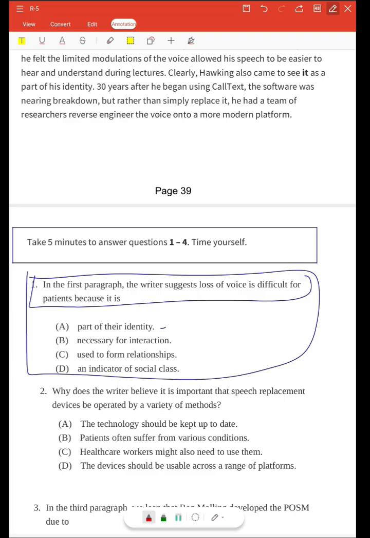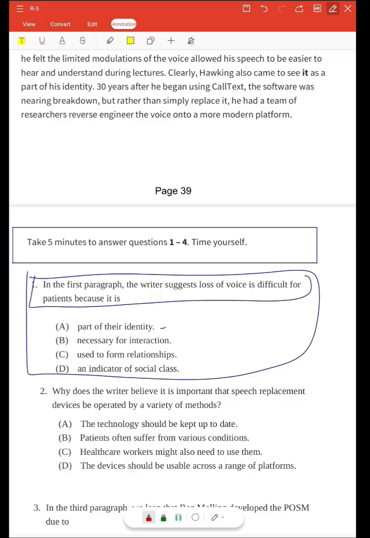By reading our question, we get an idea of what we are looking for: the difficulty the patient might have after losing their voice. This is our hint. The reason may be written by the writer in the paragraph, so we will go for that.